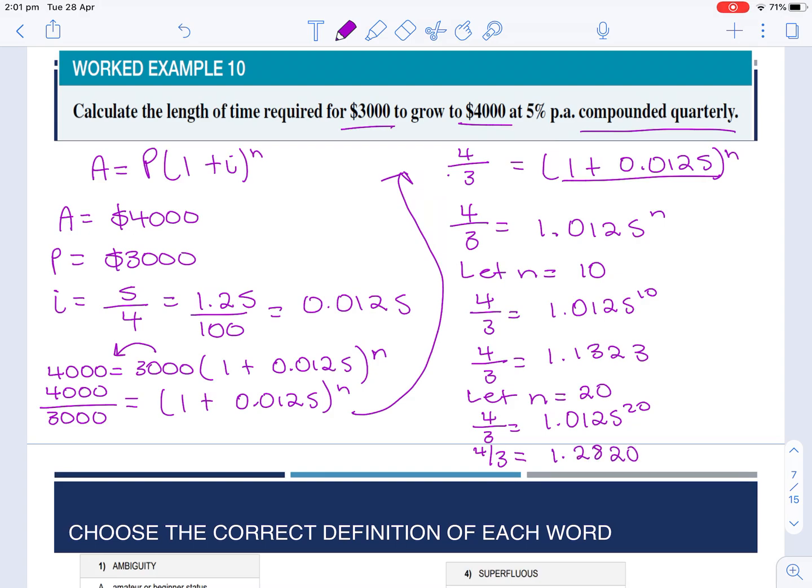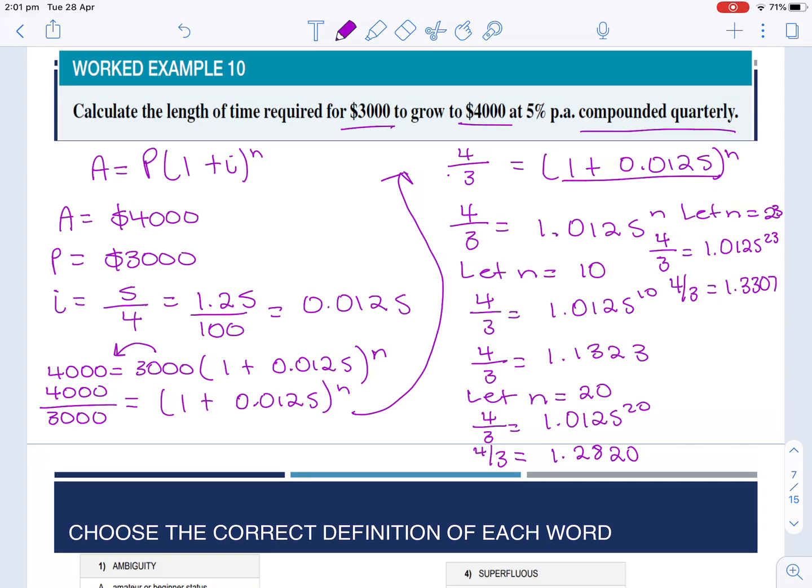All right, we're close. I'm going to let n equal 23. Okay, so my answer is 1.3307.